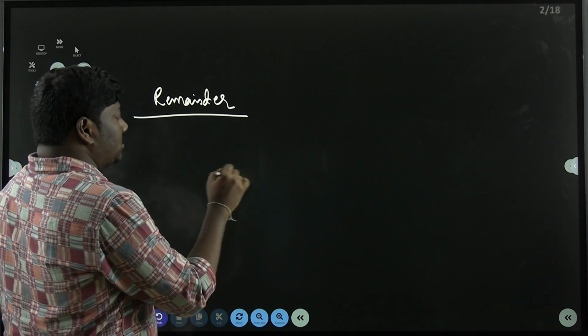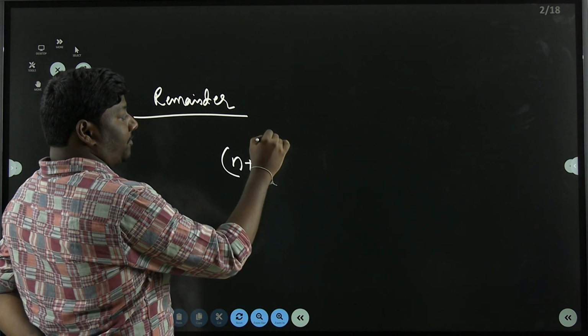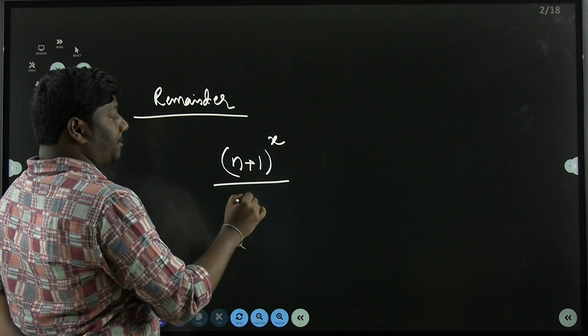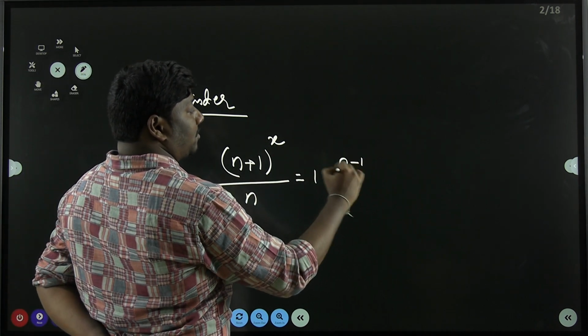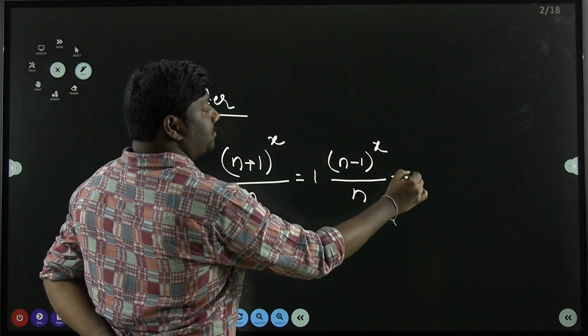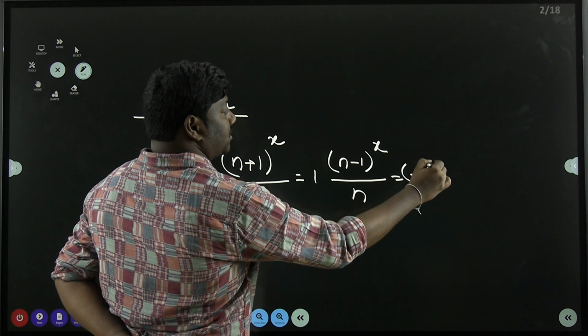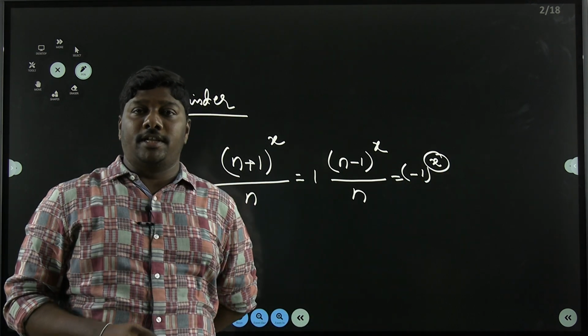Or else, when a number n plus 1 to the power of anything is divided by n, the remainder is 1. N minus 1 to the power of x divided by n, the remainder is minus 1 to the power of x. If x is even, the remainder is plus 1. If x is odd, the remainder is minus 1.